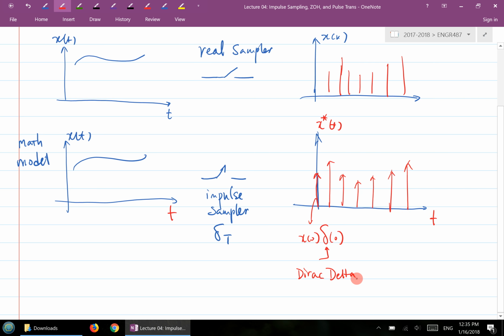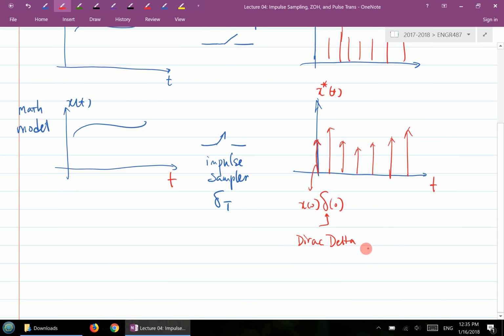If you recall the Dirac delta, it is at t equal to 0 and infinite, right? But there is a property that when you integrate the Dirac delta from negative infinity to positive infinity, it is equal to 1.